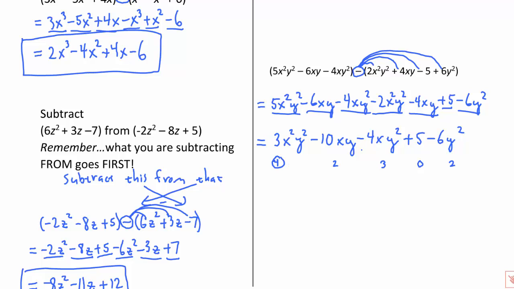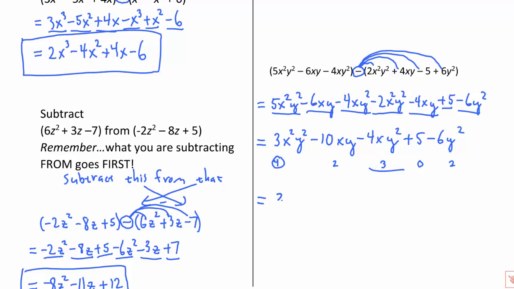Okay, now let's talk about how we write down polynomials. This is technically correct, but sometimes we don't like to see it like this. We try to write these in descending order. So what I would probably do is switch the order of this negative 4xy squared with this negative 10xy.